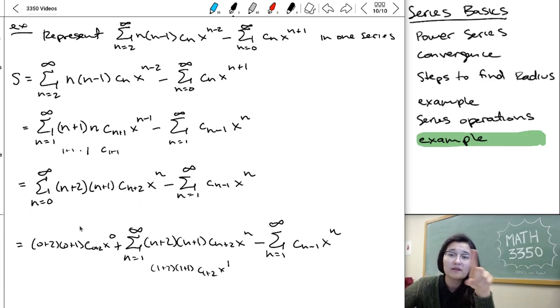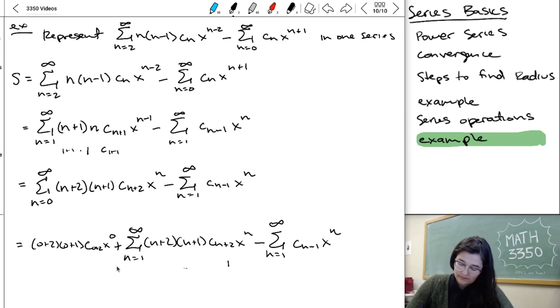And then as long as we leave this somewhere in our equation, we're going to be okay. So this is just going to become 2 times 1 times c2 times x to the 0, which is 1, plus my sum from n equals 1 to infinity.